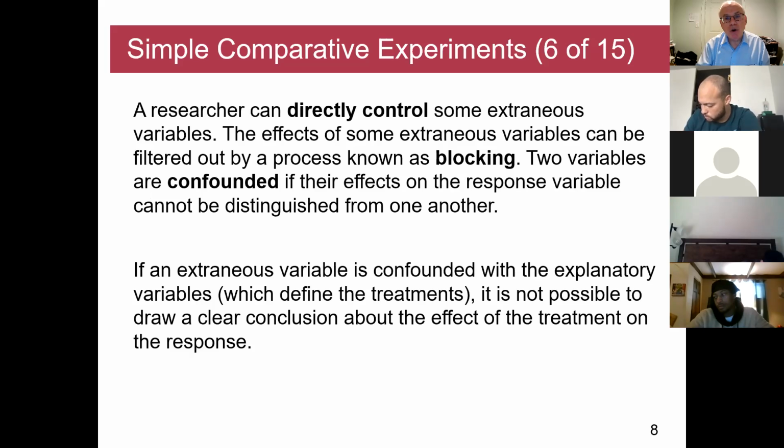Sometimes you can directly control these extraneous variables. How do you do that? You keep them constant. Now, we would have to give examples of that, but it's not necessary for this course. You can picture that maybe with another variable, you can somehow control it so that it doesn't change, all right?